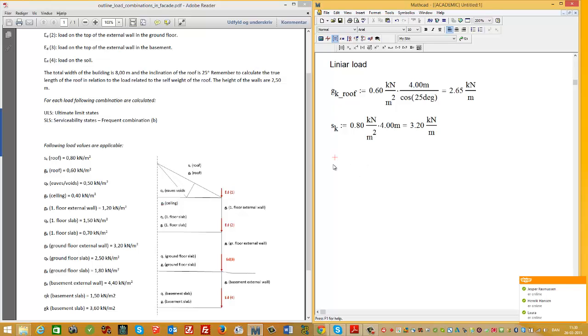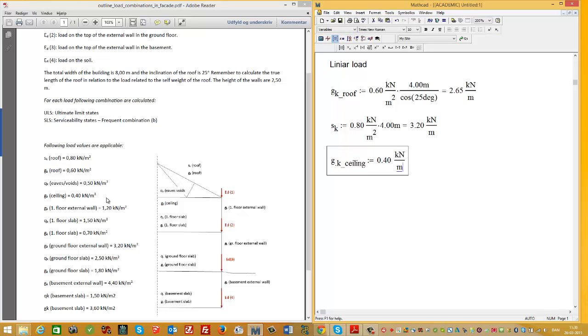I can take here the self weight from the ceiling. Then I can just read here it's 0.4 kilonewton per square meter multiplied with the load width, that is 4 meter.